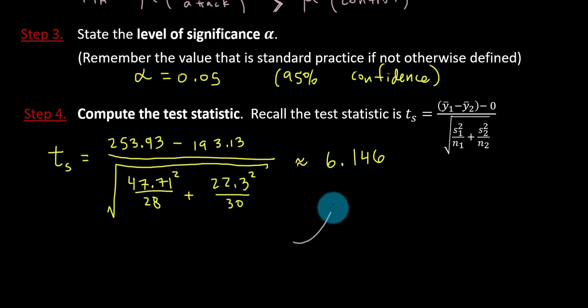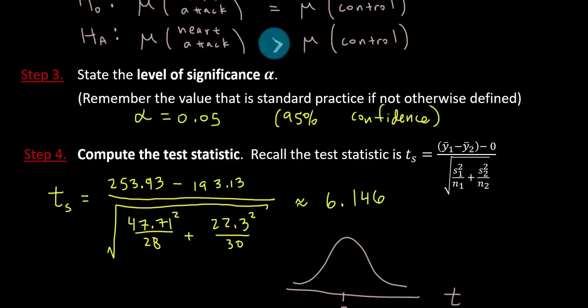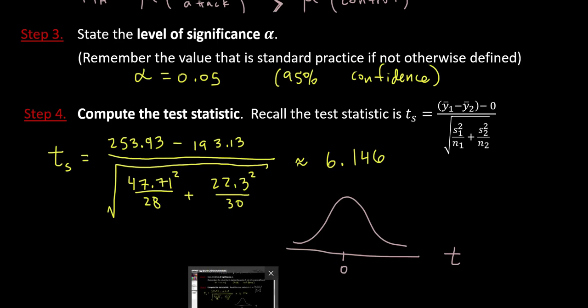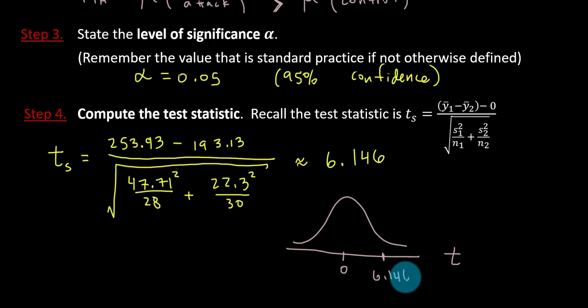I also want to draw a picture to help guide our p-value calculation. Because this was a right-tailed test, t-distribution, we need to also think about the degrees of freedom. We'll get there in a moment. This is a right-tailed test, pointing to the right. We need the area to the right of our test statistic.